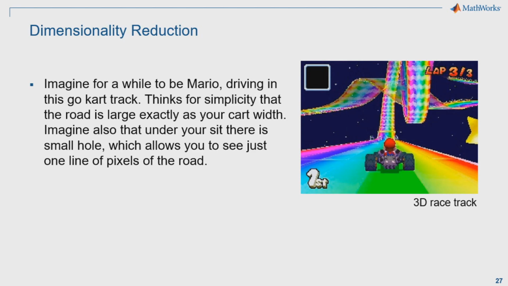If you think, for simplicity, that this road is as wide exactly as your kart, so imagine that you're running in a street whose width is exactly equal to the dimension of your car. If there's a kind of hole below your kart, what would you see? What would you see if you don't look at the street, but you look through the hole that is placed at the bottom of your kart?